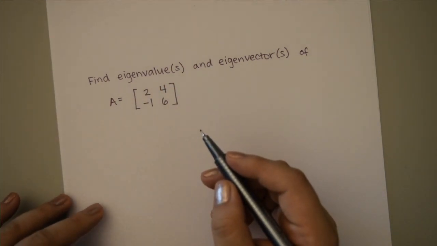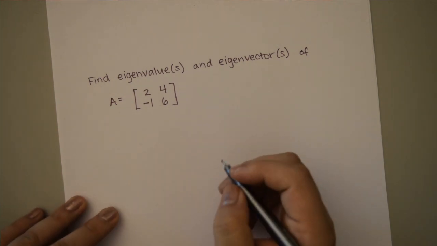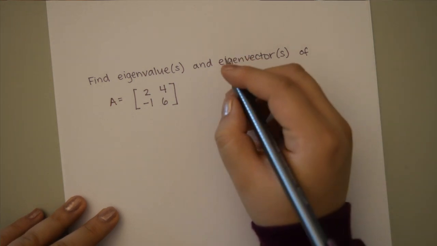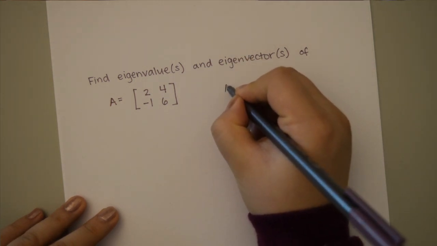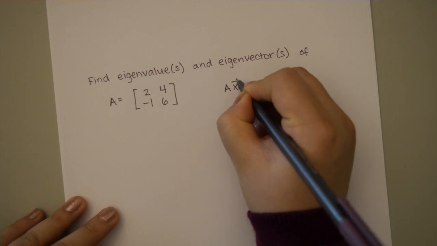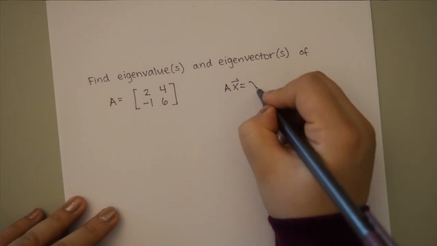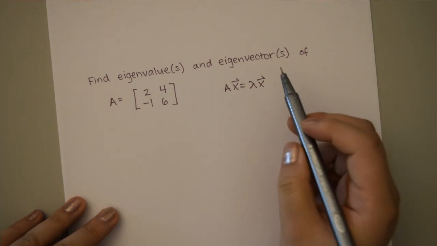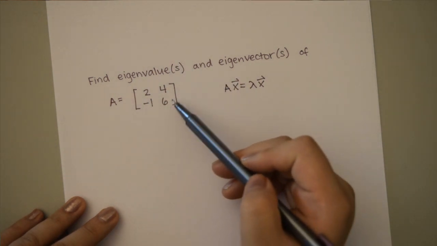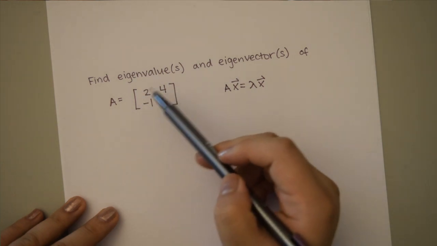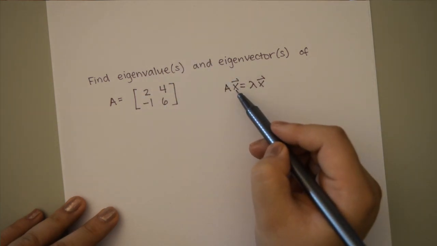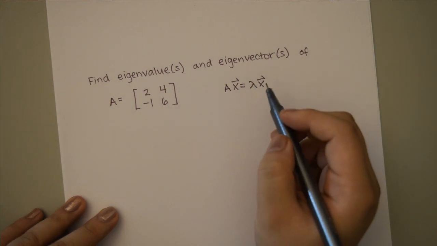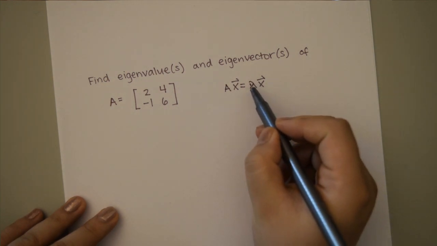So remember that an eigenvalue and eigenvectors will satisfy this equation. So the idea is that if we multiply this matrix by a vector, then it's the same as multiplying by a scalar.